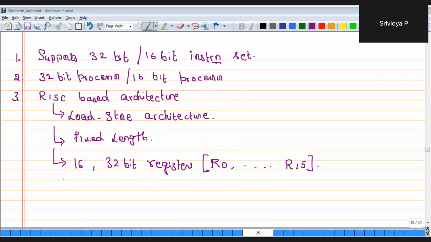The next feature of RISC-based architecture is that most of the instructions are single cycle instructions. That means the instruction takes one cycle for its execution. The next feature is that the instructions are implemented in hardwired implementation.